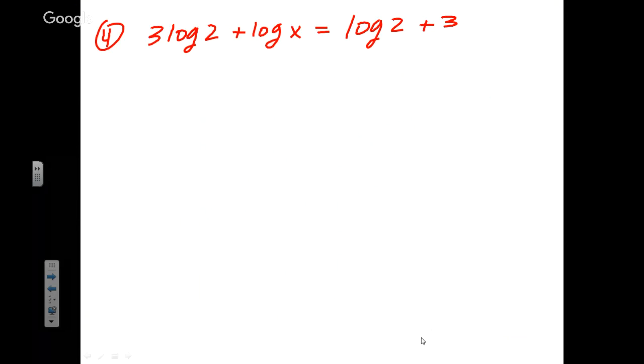So when we have logs, we have to write them as a single log. Before I can write this as a single log, I have to get them all on the same side. So that log of 2 is kind of bugging me. I need to move it over. So this side is going to stay the same. So I'm just rewriting it. But I'm going to bring this over to the other side.